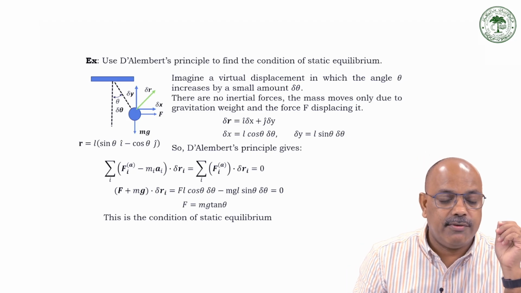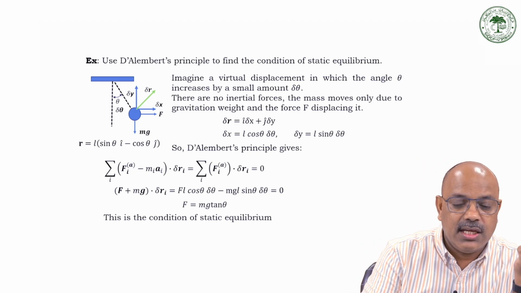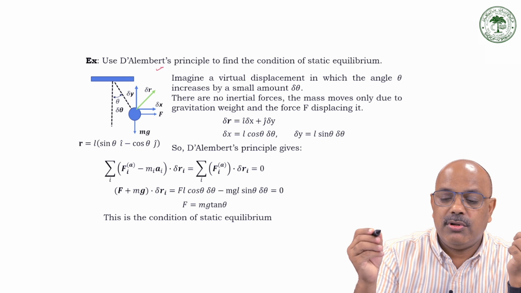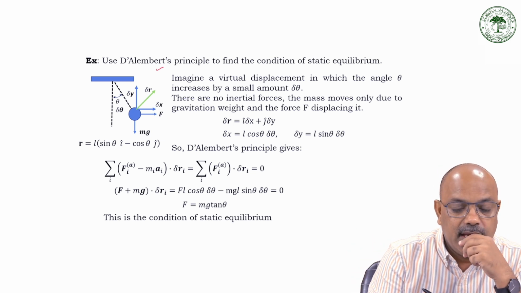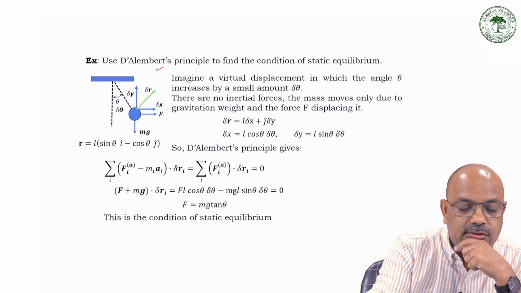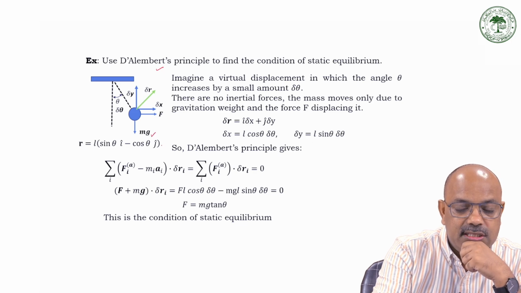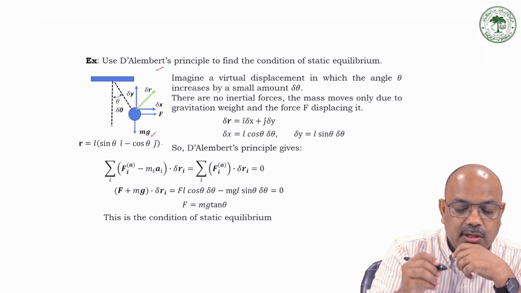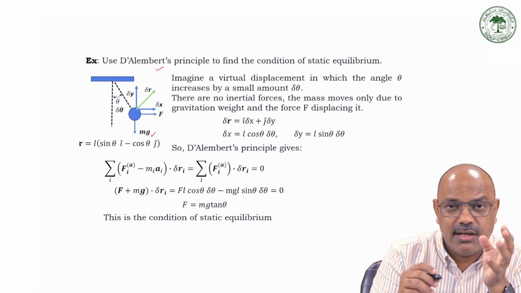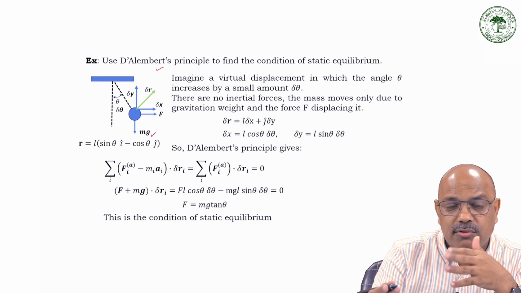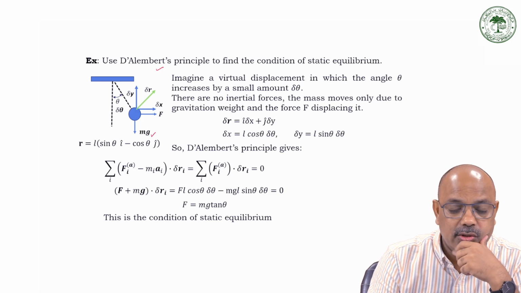For example, use D'Alembert principle to find the condition of a static equilibrium. This is my system of a pendulum. I have the force mg here. We are not worrying about the constant force, because we already know that due to constant forces the total virtual work done is going to be 0.